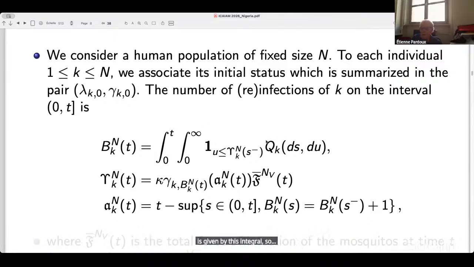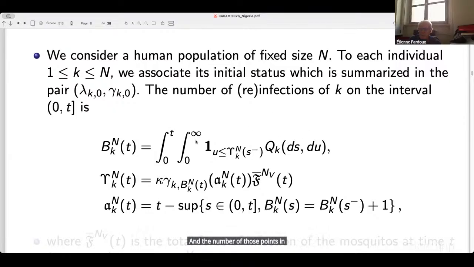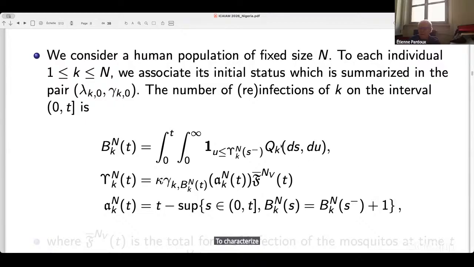Now QK is what is called a standard Poisson random measure on R2+, which means it's a sum of Dirac measures located at random points, and the number of those points in any Borel subset of R2+ is its Lebesgue measure, and the numbers of points in disjoint subsets are mutually independent. This is enough to characterize this Poisson random measure.